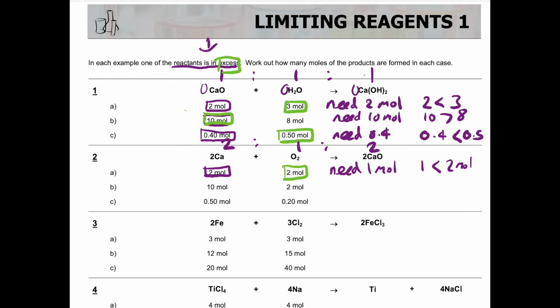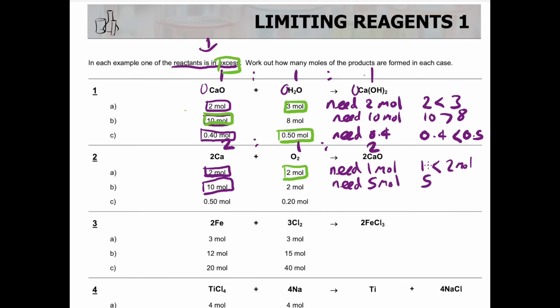Pause the video whilst you have a go at part B. Okay, so in part B we have 10 moles of our calcium, and so if we think about how much oxygen we would need to react completely with that calcium, 2-to-1 ratio, we need half the amount of oxygen compared to the calcium, so we need 5 moles.